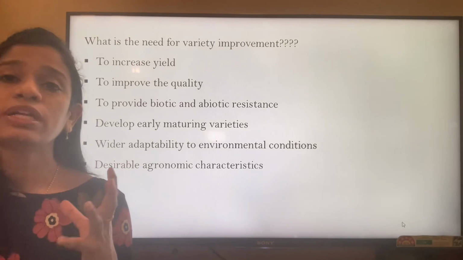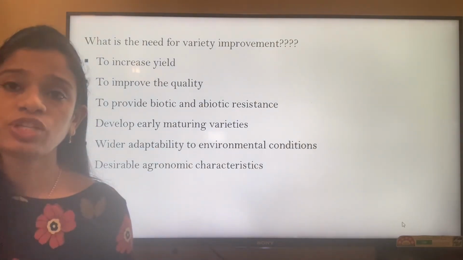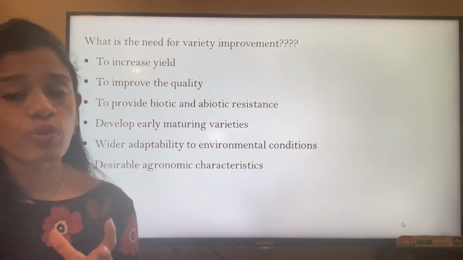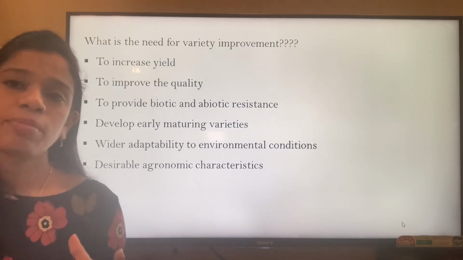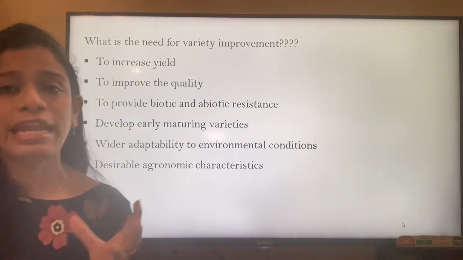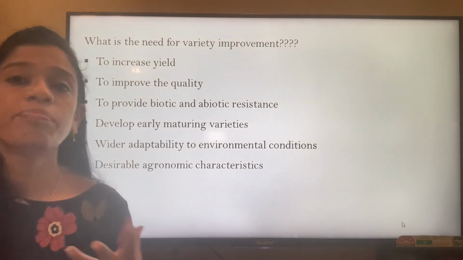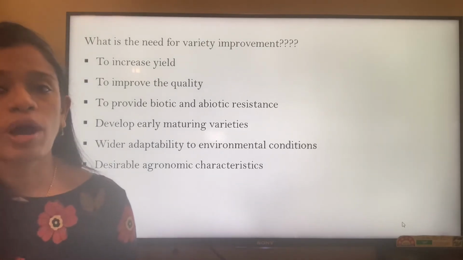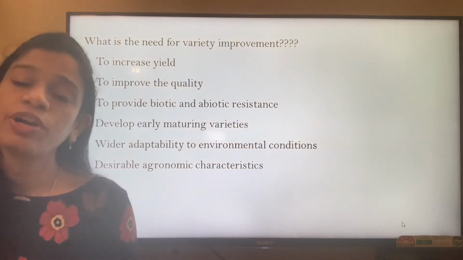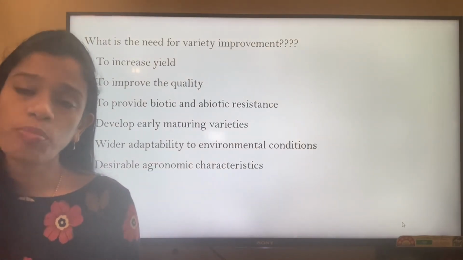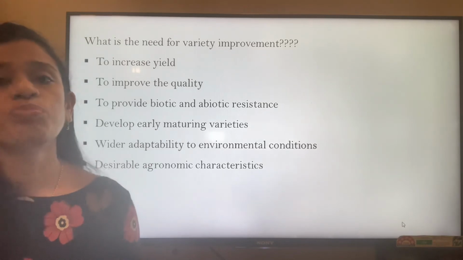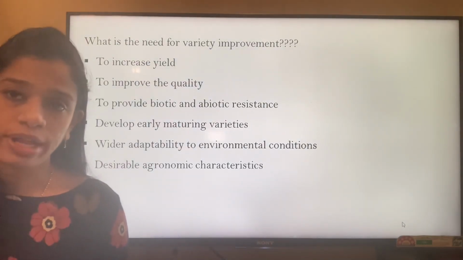We also want it to be of short duration. We want it to be photo insensitive. Those are some agronomic characters. Or we want fewer leaves, or small leaves or bigger leaves, according to the requirements of the breeder, the crop or the food; we should be designing our crop accordingly.